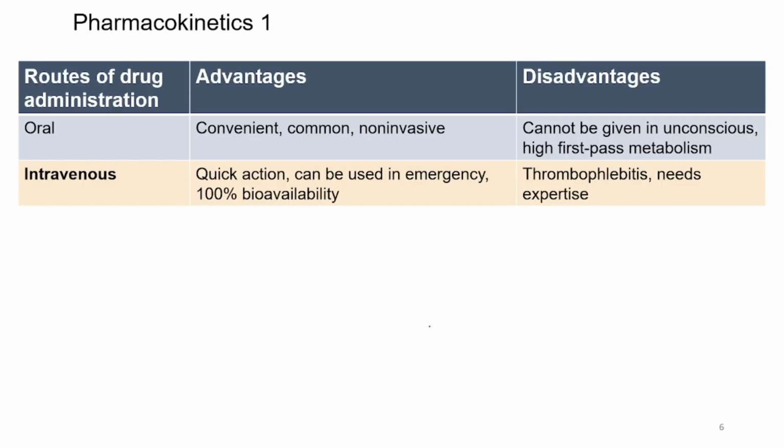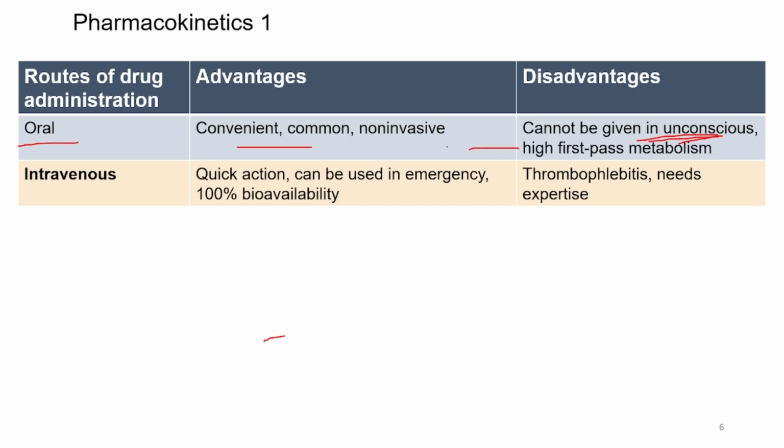Let's walk through different routes of administration. The first and foremost is oral, which is common, convenient and non-invasive. But it has some disadvantages: some drugs cannot be given, like in unconscious individuals, because of swallowing issues and aspiration.